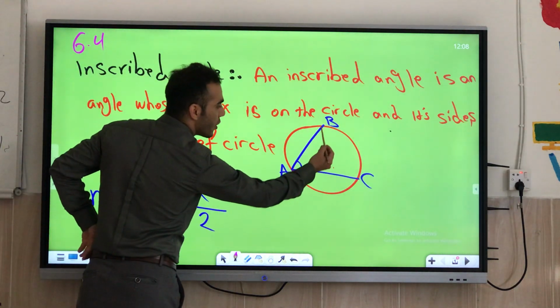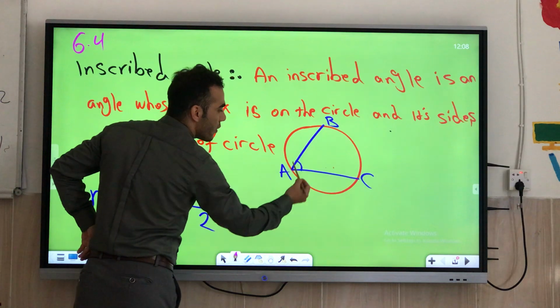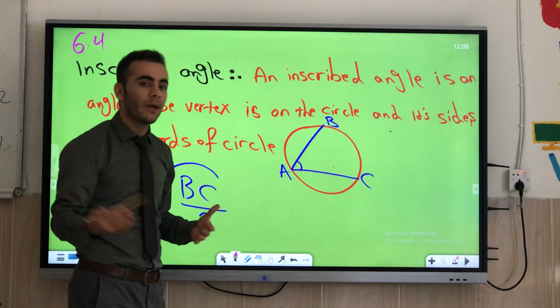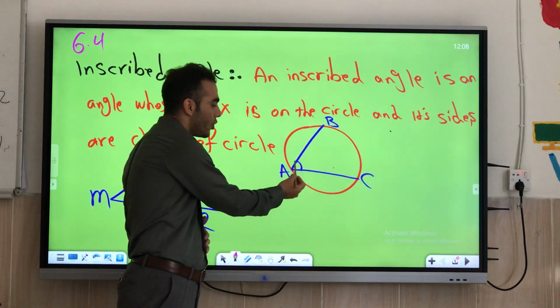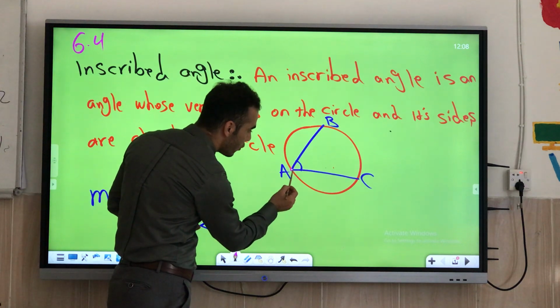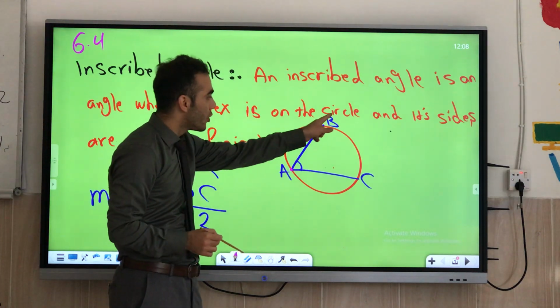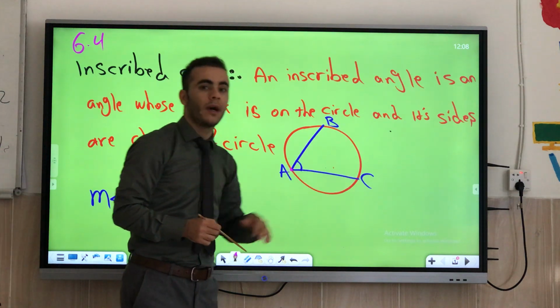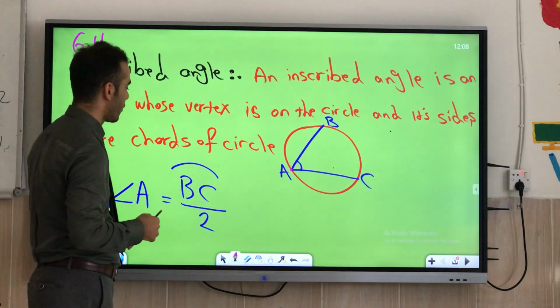Remember that we call these kinds of lines from a point to another point of the circle chords. So an inscribed angle is an angle whose vertex is on the circle, as you can see, and the sides of the inscribed angle are chords of the circle.